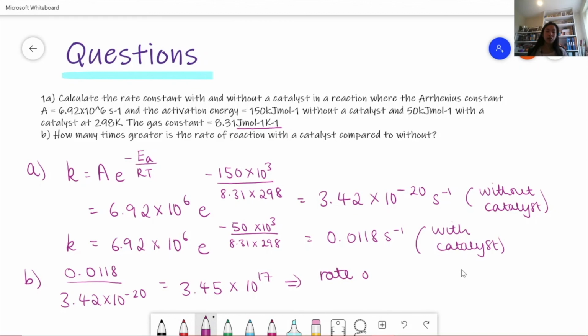So the rate of reaction is 3.45 times 10 to the power of 17 times greater. So as you can see, doing a reaction with a catalyst speeds up the rate of reaction significantly.